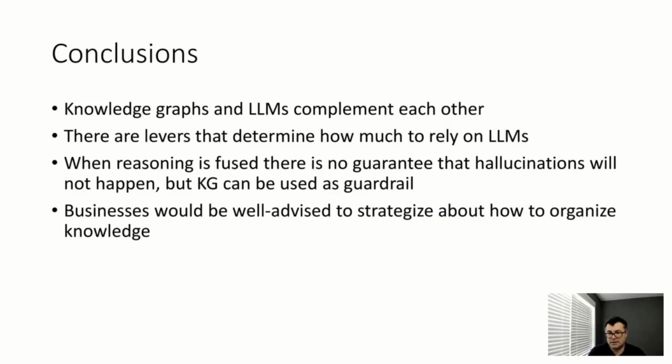When you do the fusion, you don't have a guarantee that hallucinations will not happen, but you can use the knowledge graph as a guardrail. If the large language model starts to produce things that make no sense, you can validate against the knowledge graph.